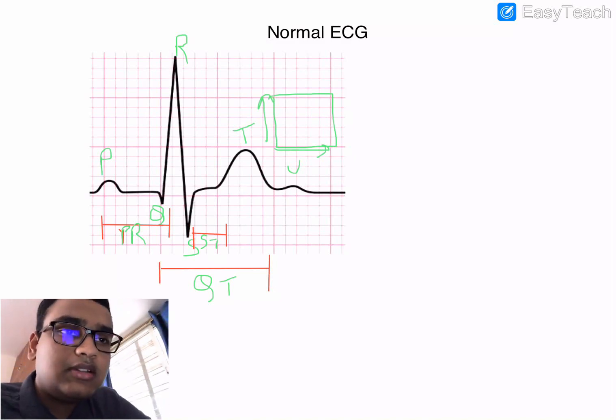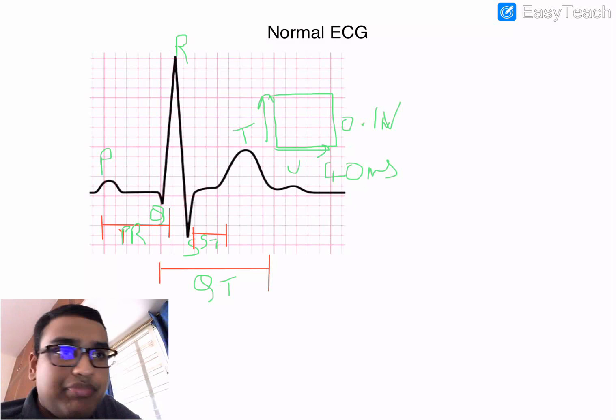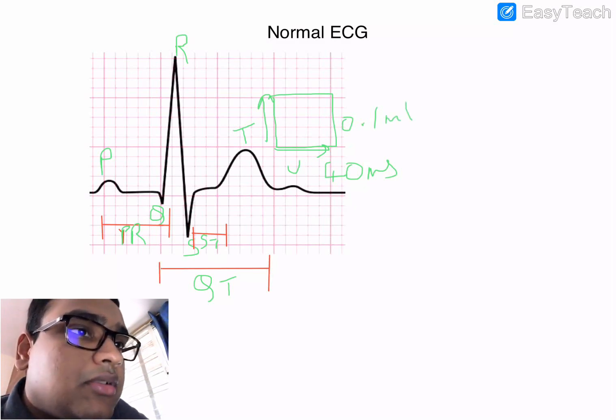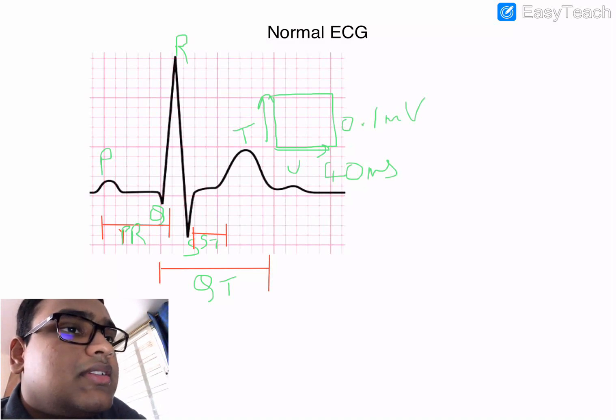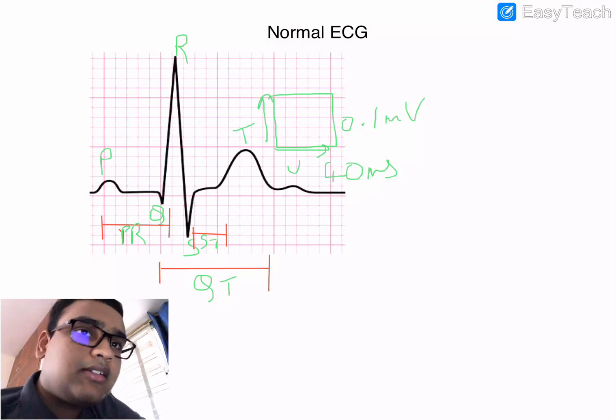Each small box on the time axis represents 40 milliseconds, and each small box on the y-axis represents 0.1 millivolts. This becomes important to calculate the heart rate, because since the x-axis is time, if we know the RR interval, we can calculate the heart rate.